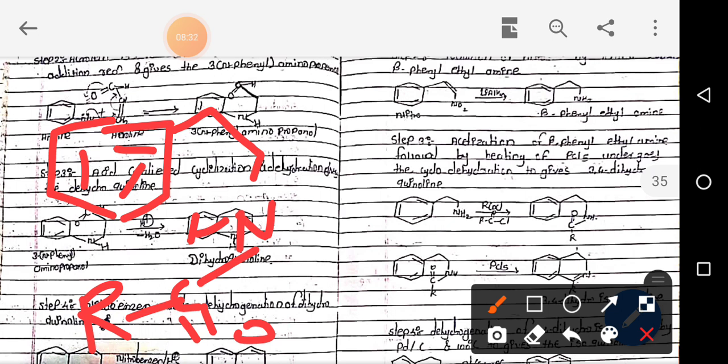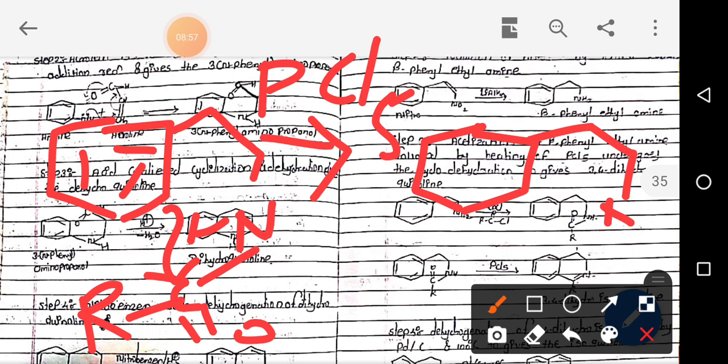This is the step. Now this reacts with PCl5. If it reacts with PCl5, cyclization of the ring takes place, meaning ring formation. These rings are joined this way, so we will get two rings, cyclized rings.